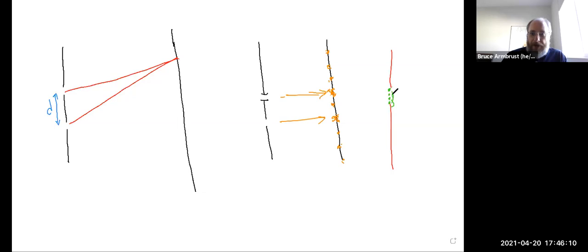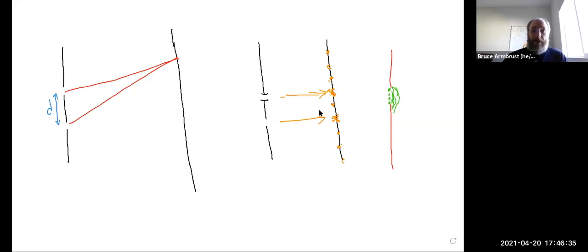And so they're each radiating out their semicircular wavefronts, and you get a different pattern because of that.